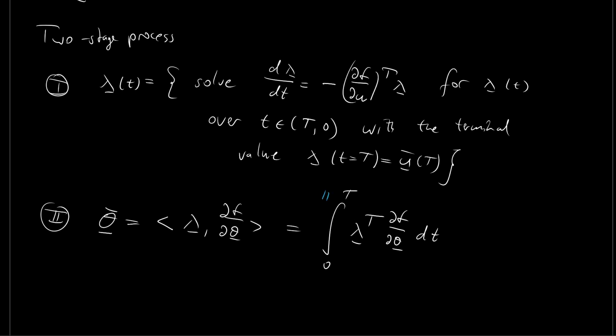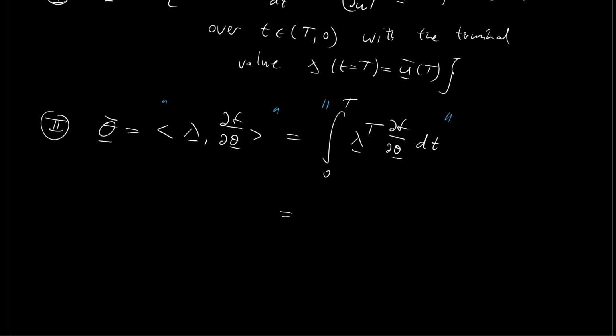So let me put in the quotation marks here. Probably better would be to write it as the integral from 0 to T of df by d theta in brackets transpose times lambda. So instead of writing a vector Jacobian product, we're writing a Jacobian transpose vector product.